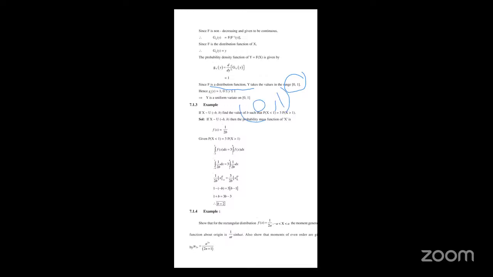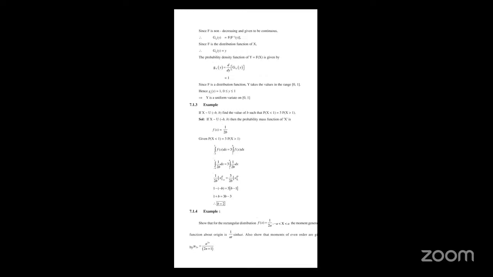Since g of y is equal to 1, and the values of y are 0 less than or equal to y, less than or equal to 1. So these are the conditions. So y is a uniform variate on 0, 1. So these are the things we covered today.